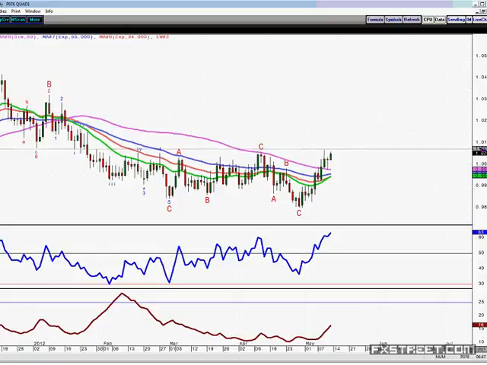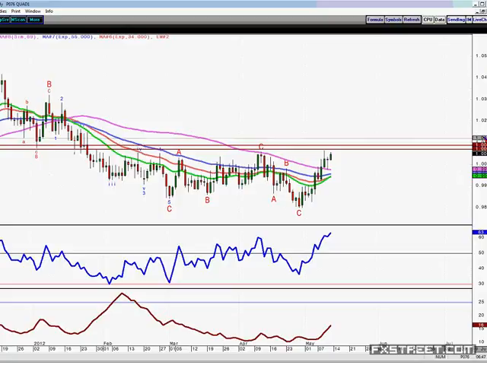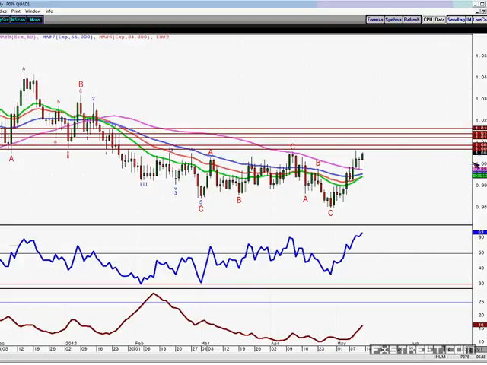Then we can see. 100.70 is our zone 1 level, 100.85 zone 2 level, 101.20, 101.40 and 101.65. On the downside, I told you, it's 101.10 and 99.95.